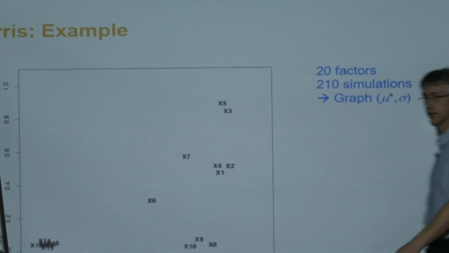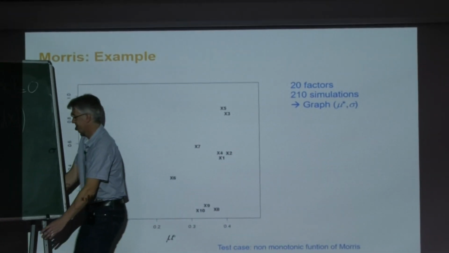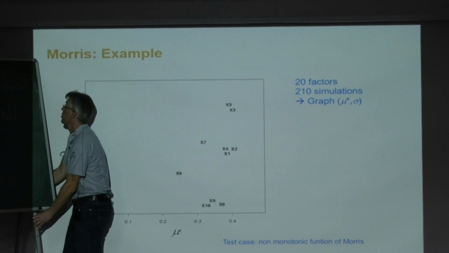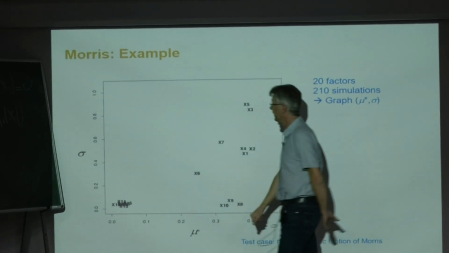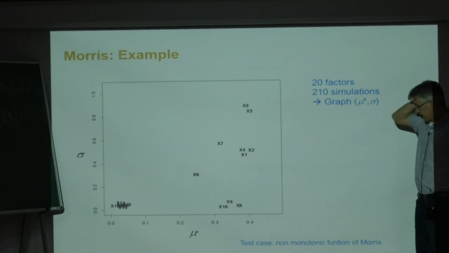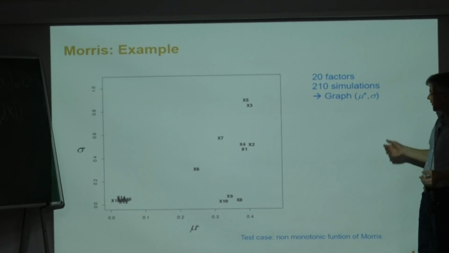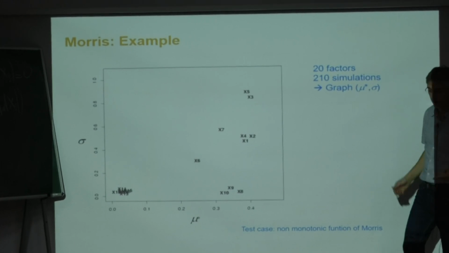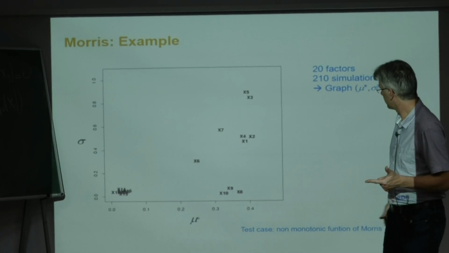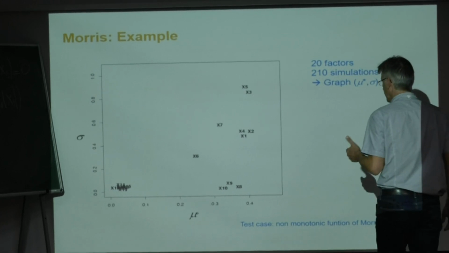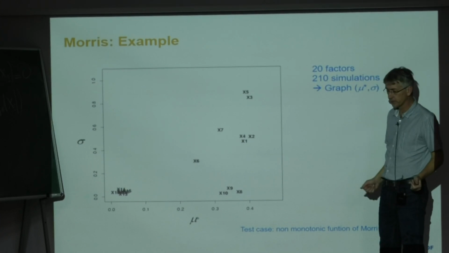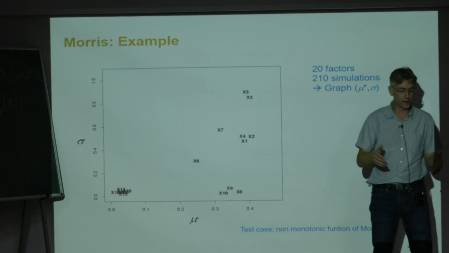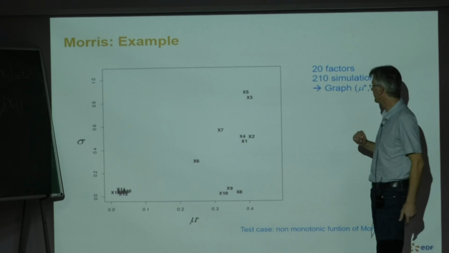Okay. So at the end of the day, after having computed mu star and sigma for each input, I give the figures that we will obtain with the Morris method.